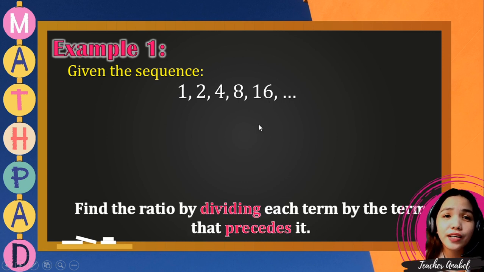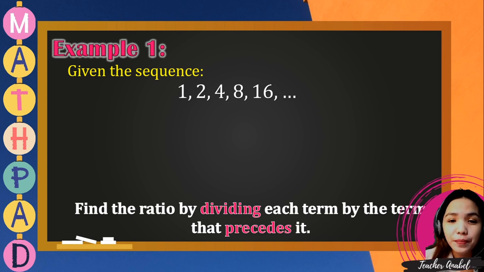So, we can find the ratio by dividing each term by the term that precedes it. What does it mean? We have 1 and 2. To find the ratio, we divide 2 by 1, and that's equal to 2. Therefore, the ratio of 1 and 2 is 2.